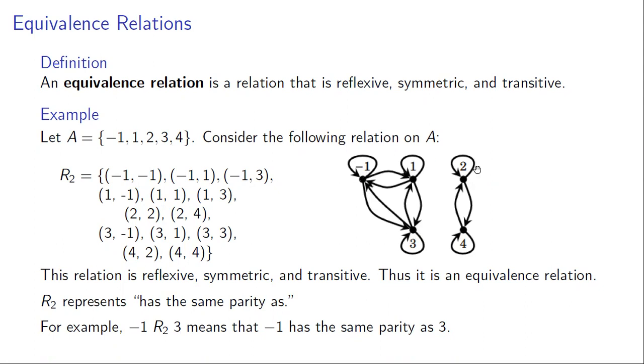But -1 is not related to 2, and it's not related to 4 because they don't have the same parity. 2 is related to 4 because they have the same parity. 3 is related to 1 and -1, and so on. So this was an example of an equivalence relation.